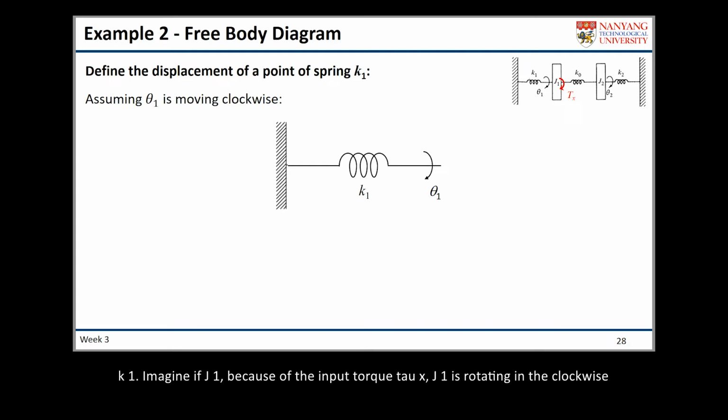So imagine, because of the input torque tau x, J1 is rotating in the clockwise direction. What will happen? The right end of shaft K1 will also rotate in a clockwise direction by θ1, right? Because the right end of K1 is connected to this J1.